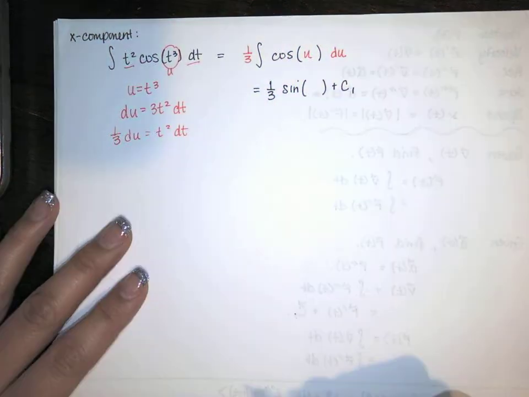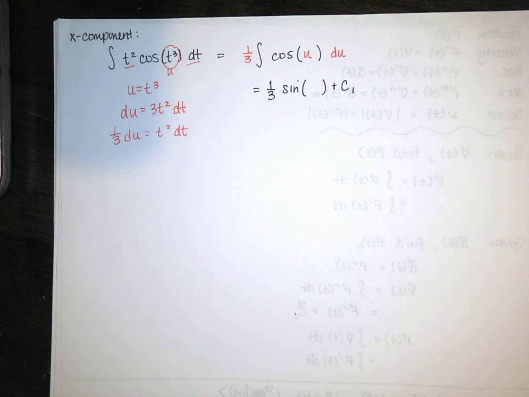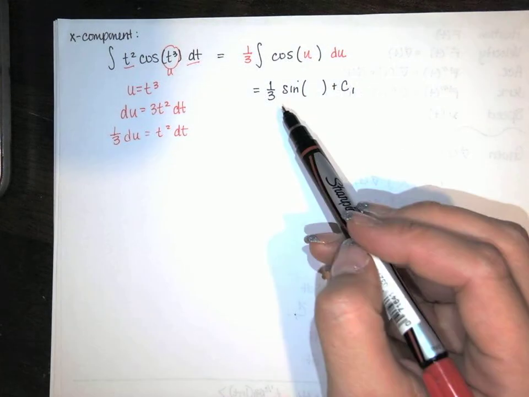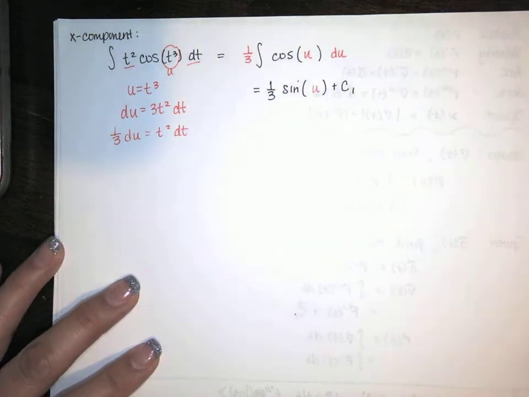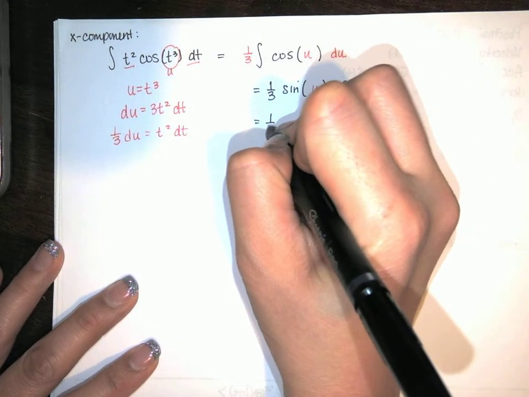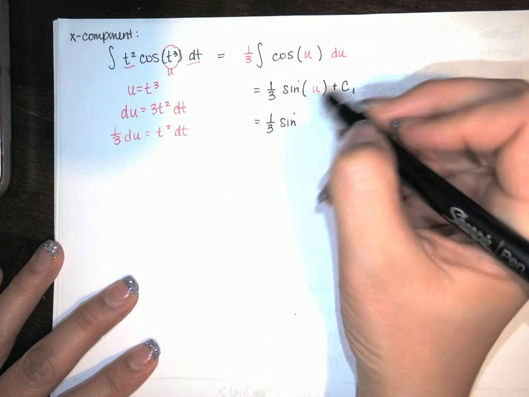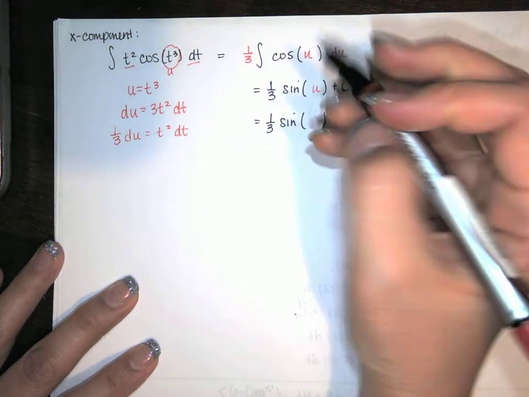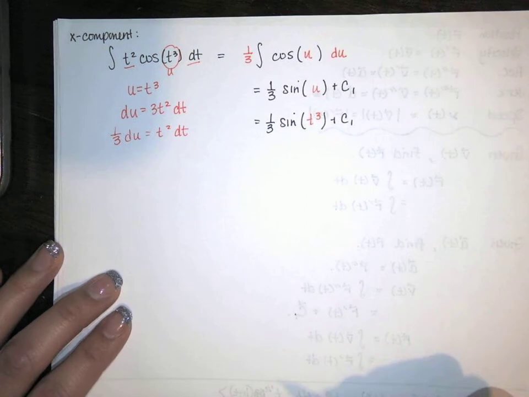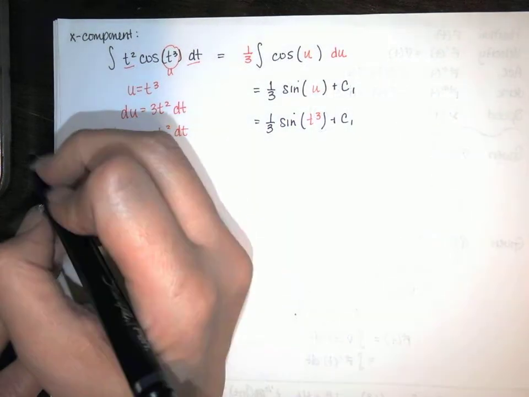I'm going to say plus c1 because I've got 3 components and each one of them is going to have a constant of integration in it. So I've got 1/3 sine of u plus c1, and u was t cubed. So sub that in. All right. So that's our x component.